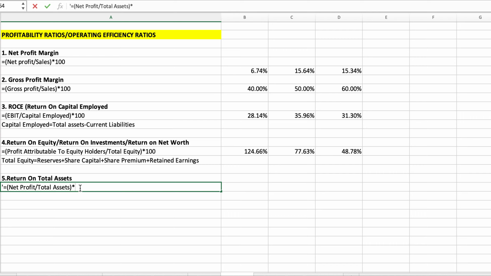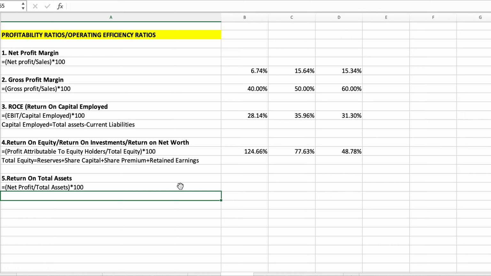Then we multiply by 100. Remember, profitability ratios are always in percentage. That should be at the back of your mind when you're going to that examination room, so always express it as a percentage.